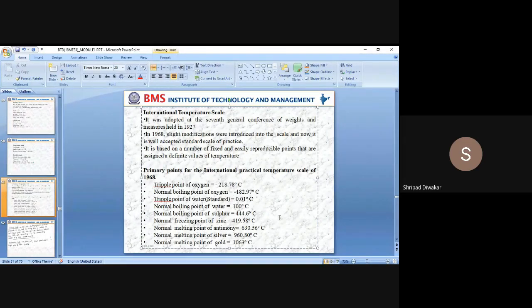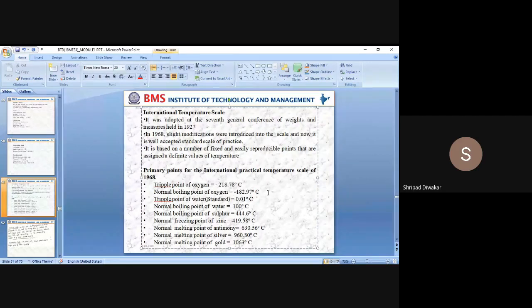It was adopted at the 7th General Conference of Weights and Measures held in 1927. In 1968, slight modifications were introduced, and now it is a well adopted standard scale of practice. From 1968 onwards, the International Temperature Scale is in existence.